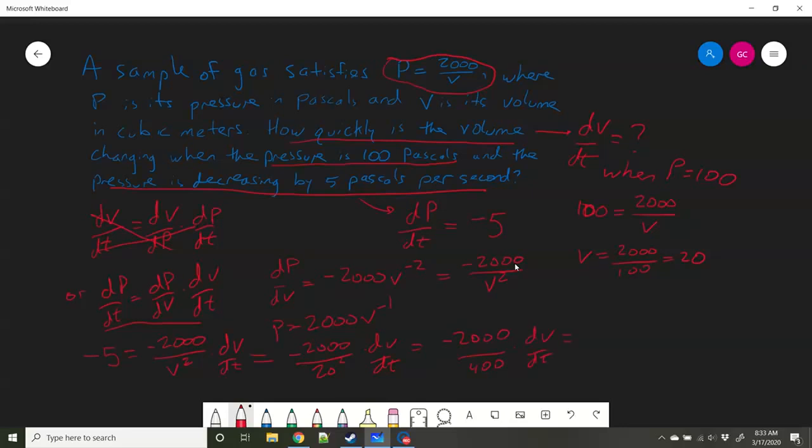And then negative 2000 over 400 is in fact itself negative 5. So we have that negative 5 is equal to negative 5 dV/dt, and so the conclusion is that dV/dt must be equal to 1. And that's, in this case, 1 cubic meter per second.